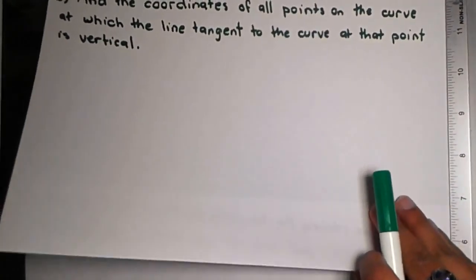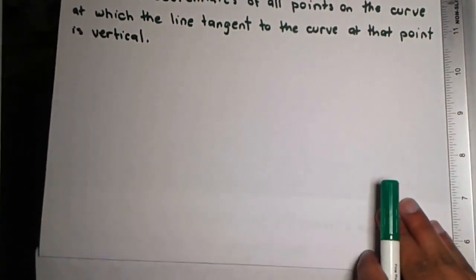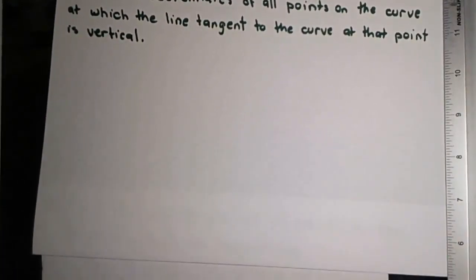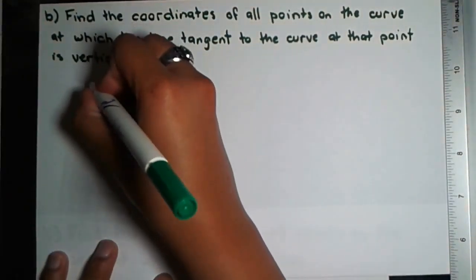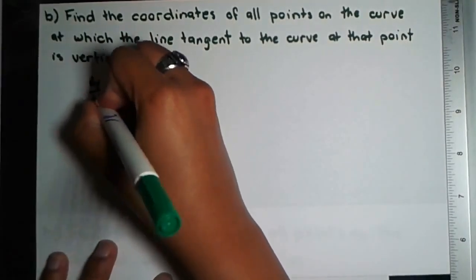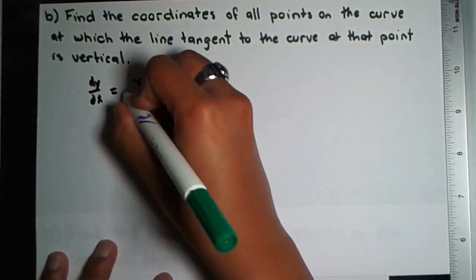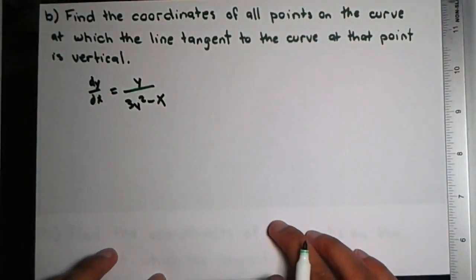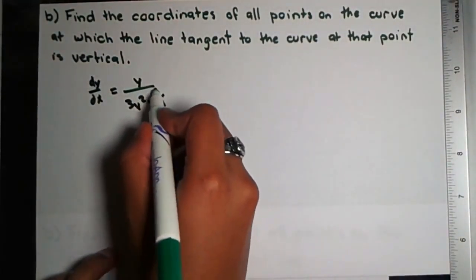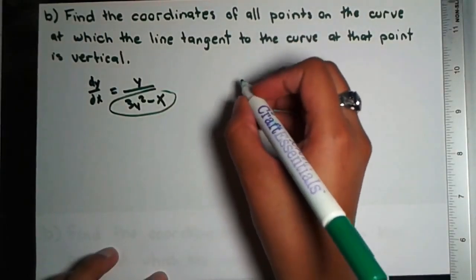So what we have to do is take the derivative equation that they gave us, since they already provided it for us. So dy/dx equals y over 3y squared minus x. And all you have to do is take the denominator and set it equal to 0.